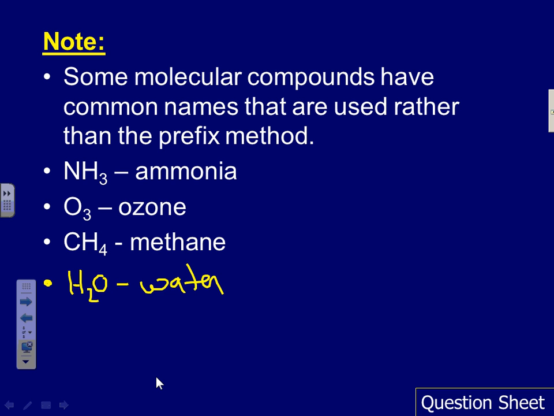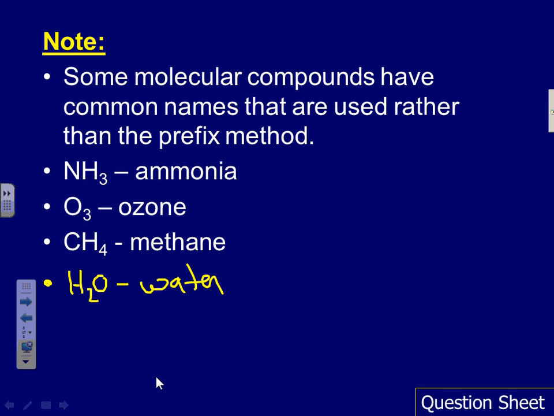H2O. All right. So we have some molecules that have common names, and they're good to be aware of. Ammonia, used as a fertilizer, right? If you're side dressing corn, or if you live on a farm and you're putting that anhydrous ammonia into the ground, that's the chemical that you're using right there, NH3.